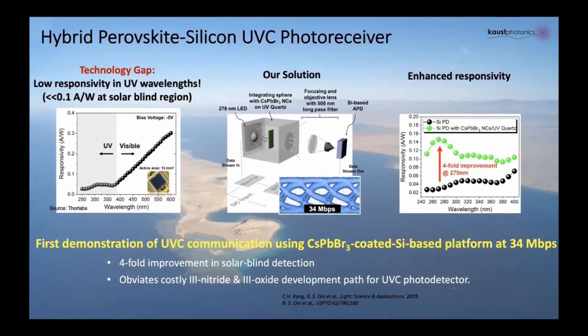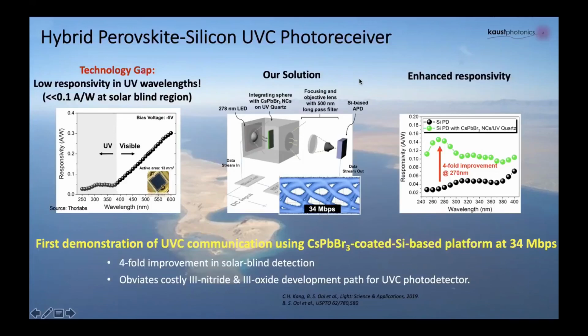When perovskite material is excited by UV light, you will get a green color emission. So essentially, being able to convert the light at very high speed through the perovskite into green light would increase the responsivity of the detector by 4-fold. That reduces the cost and also allows us to operate our silicon-based APD at very, very high speed.